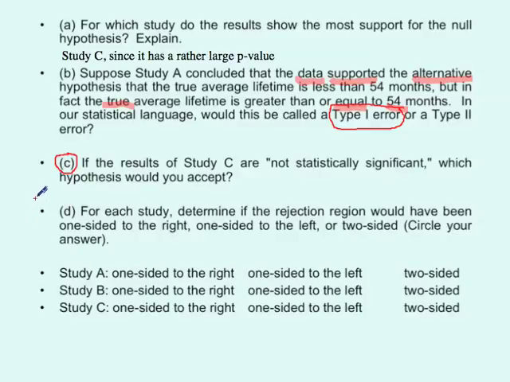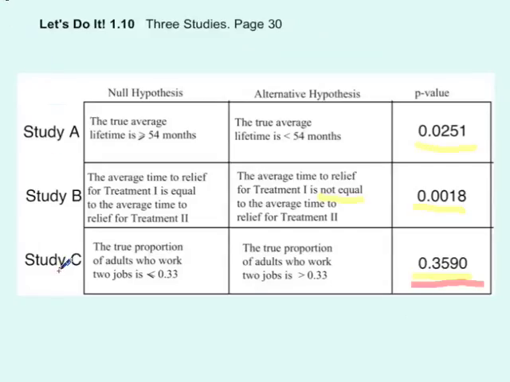So the results of Study C are not statistically significant. So let's go back and check out Study C for a quick second here. In Study C, the results were not statistically significant, which makes sense because why? Well, look at the p-value, it's rather large. So if they were not statistically significant, then we would end up supporting the null hypothesis, okay?